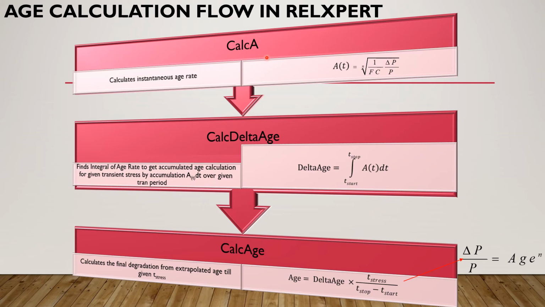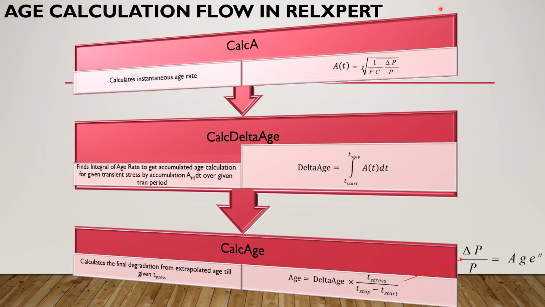Also remember that whatever physics I was talking about, let's say for BTI or for HCI, you can create your own model. In fact, you need not use the typical model based on substrate current.